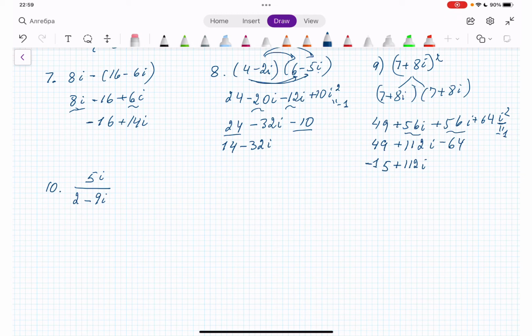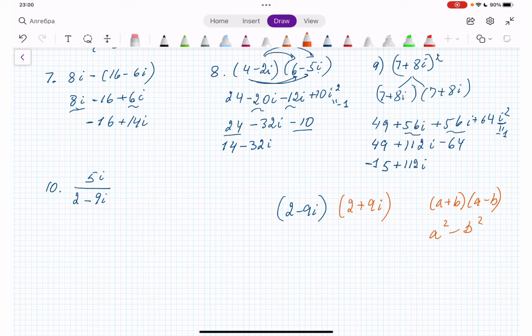How to do that? We have 2 minus 9i. Let me do some drafting here. That means I have to multiply by 2 plus 9i. Why? I'm applying the formula (a + b) times (a - b), because it will be equal to a squared minus b squared. That's the formula.